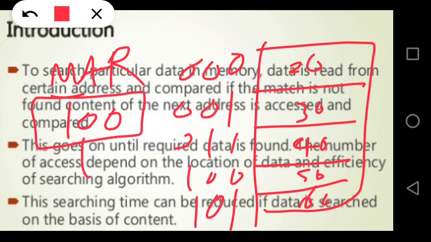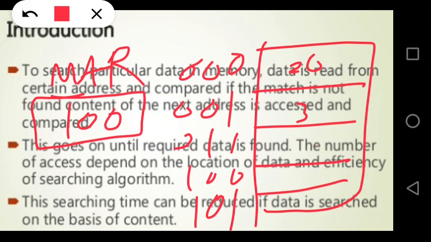To search particular data in memory, data is read from a certain address and compared. If the match is not found, the content of the next address is accessed.